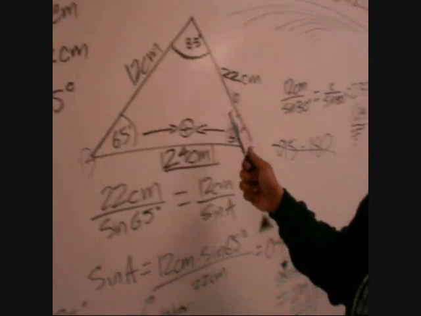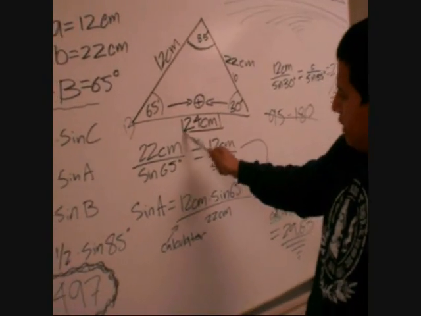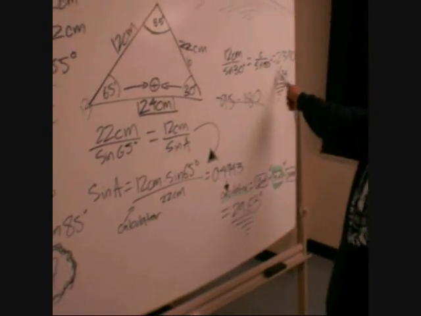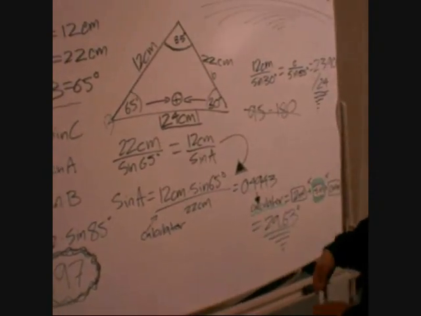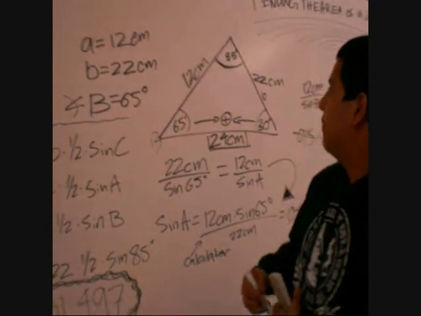Once you have that, you're all done. But as you see right here, I went a little further into finding the third side. You don't really need to do that when you're finding the area.